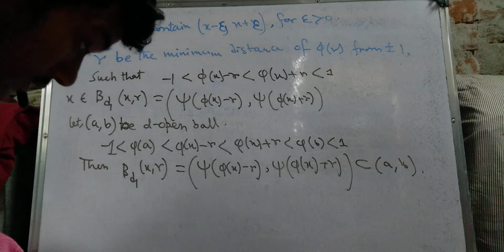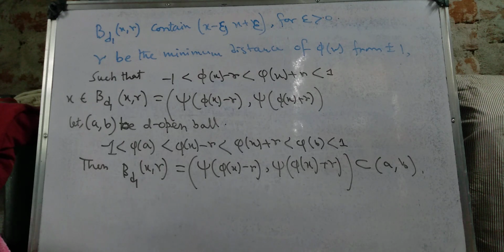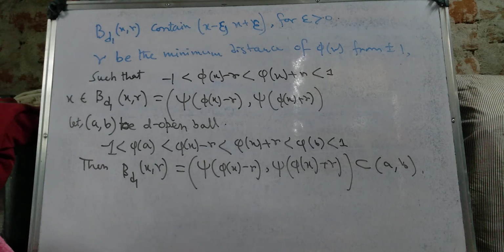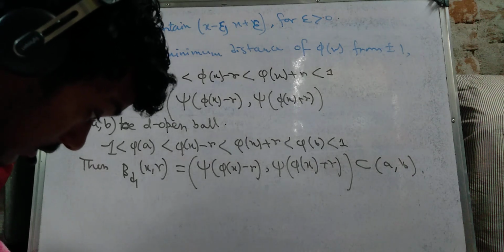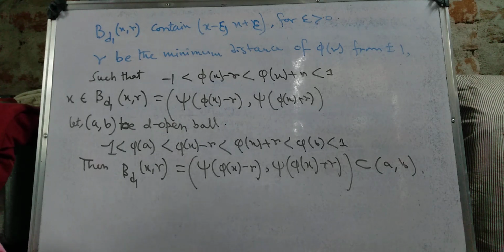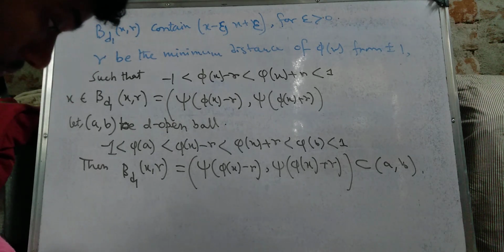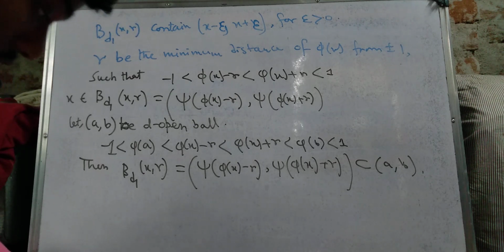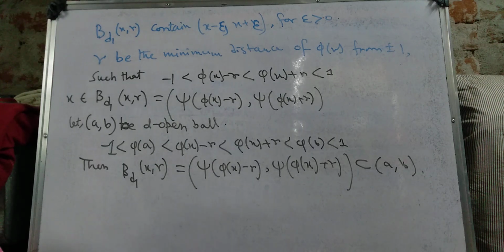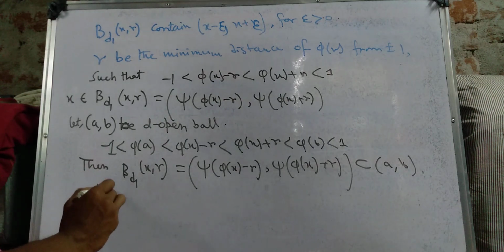Then we see that this d1 d-bar is equivalent to d1, because d1 is open in here, d1 is also open, B_d(x, r) is a subset of AB and AB is the d-bar open ball. So d1 is open if and only if d is open. So d1 is equivalent to d.